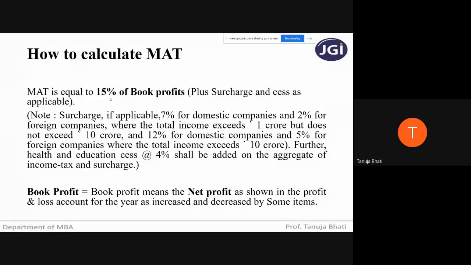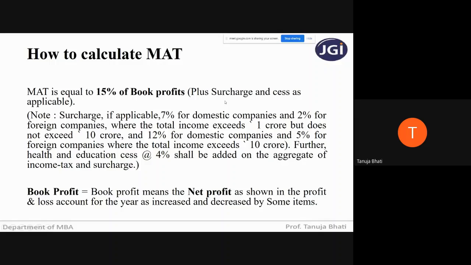Earlier, for assessment year 2019-2020, it was 18.5%. But from the assessment year 2020-2021, MAT is equal to 15% of book profits plus surcharge and cess as applicable. We know that surcharge is nothing but a tax on tax, and cess will obviously be applicable in all situations, and MAT is applicable only to companies.